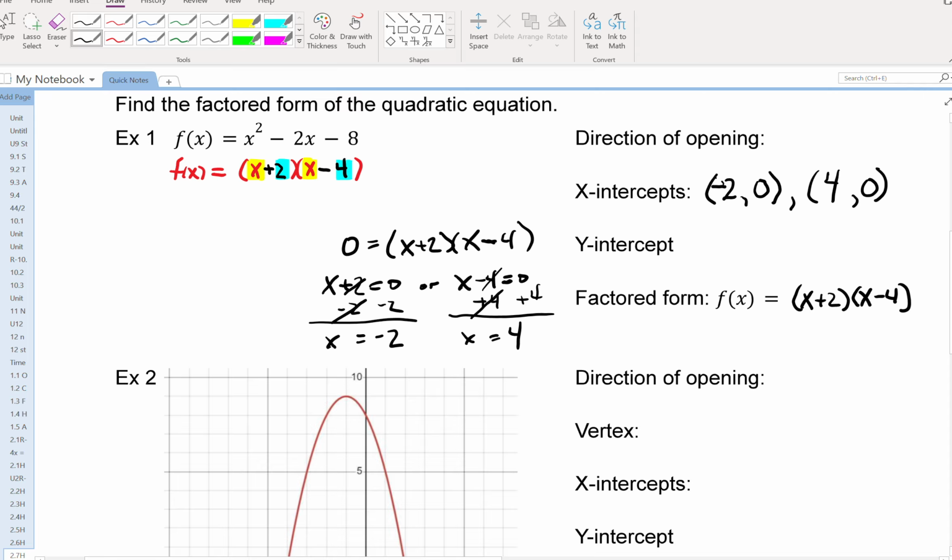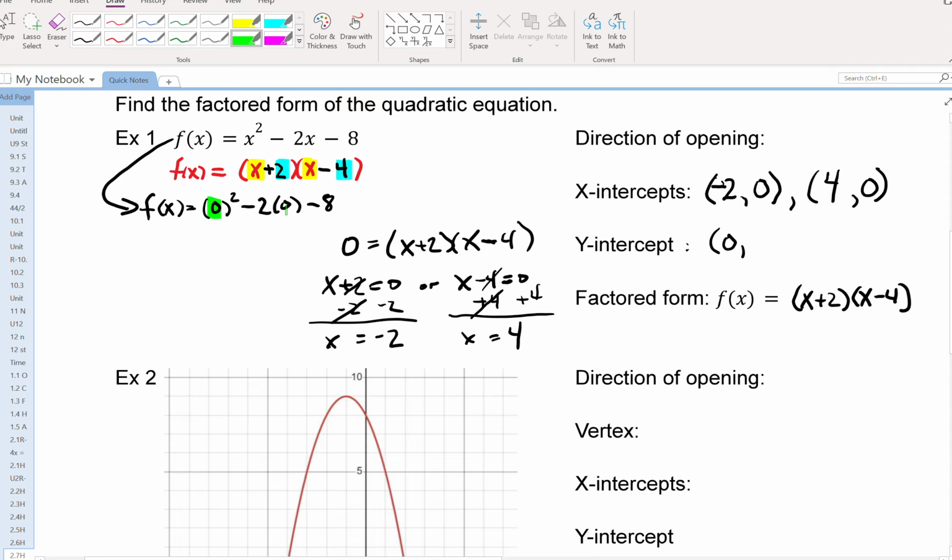And my y-intercept, that happens when x equals 0. Always. Your y-intercept, x equals 0. And so if I go up here to the original, it's really easiest in the original. f of x is equal to 0 squared minus 2 times 0 minus 8.